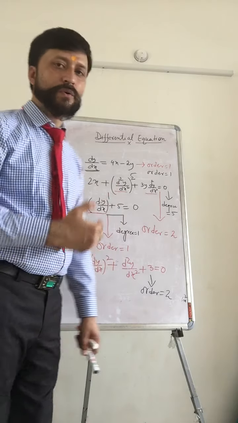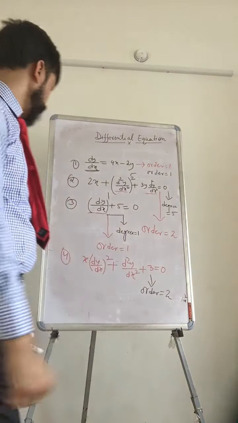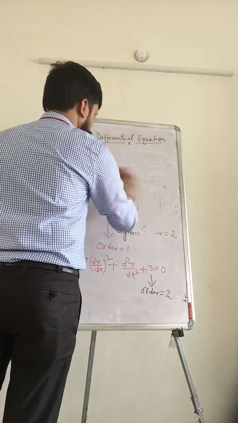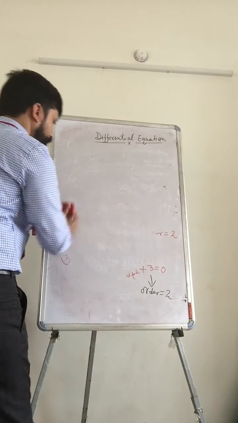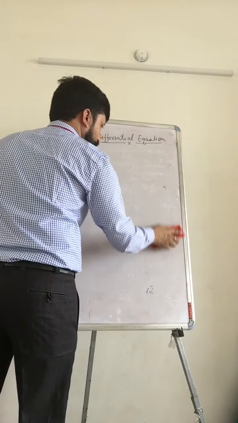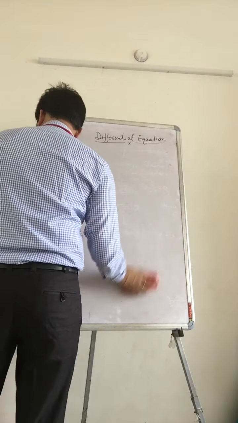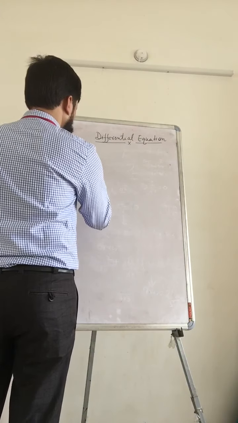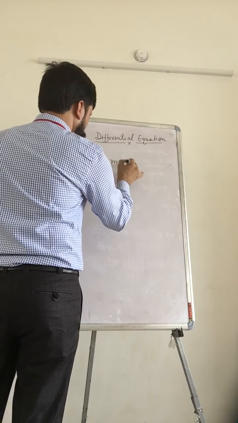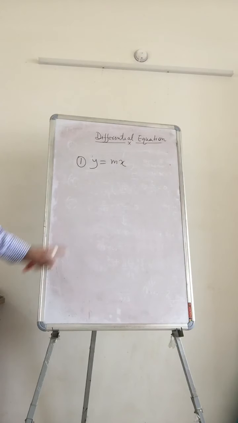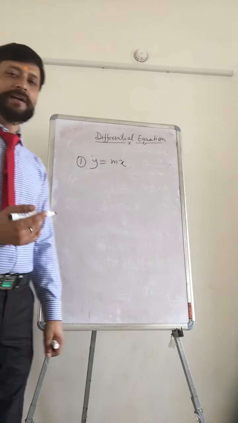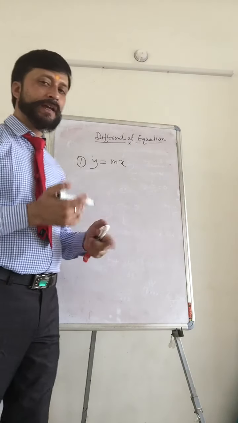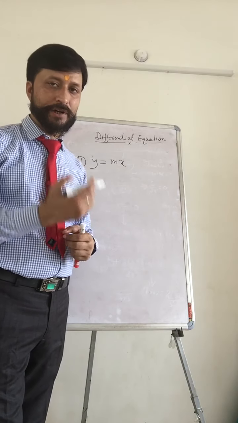Now I will teach you how to form a differential equation. If this mathematical expression is given, y equal to mx, and you are asked to find the differential equation of this, what you have to do is eliminate the constant, the parametric constant, the arbitrary constant.